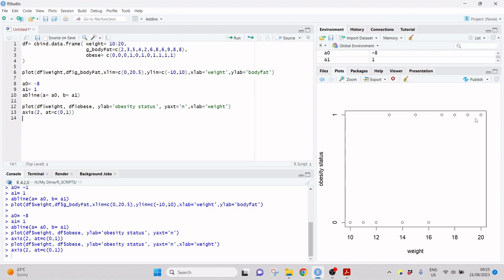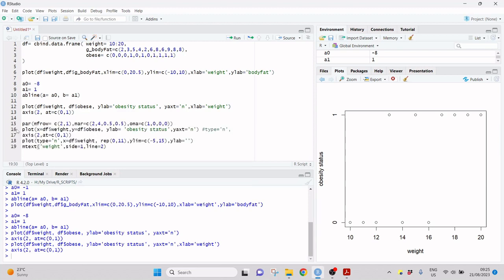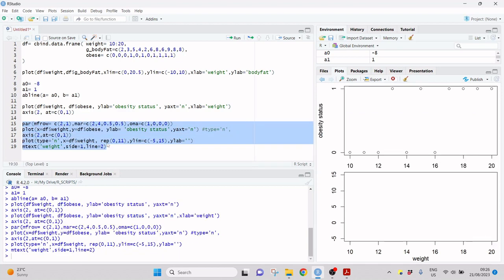Okay, as I said, what we want to do is play around a bit. I'm going to set up a new plot for this. I'm just going to copy this over, and if you want, you can look at it later in more detail or pause the video, but there's nothing too special about this. What I did here is essentially repeat this plot as the upper plot with the binary 0, 1 here.